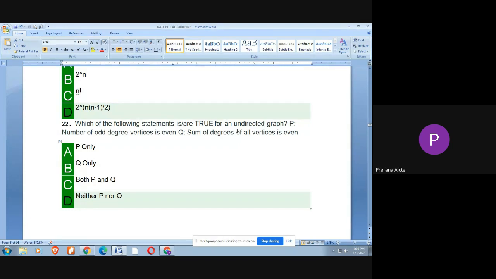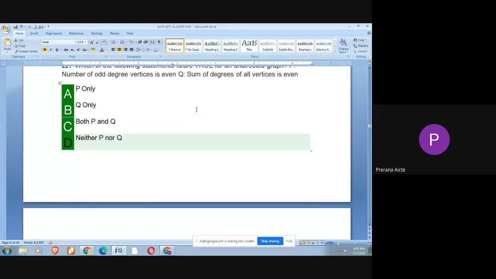Q is true. If you consider the sum of degrees and subtract all even degrees, we definitely get an even number because every edge increases the sum of the degrees by 2. So the total number of odd degree vertices will be compulsorily even. So here both P and Q are true.